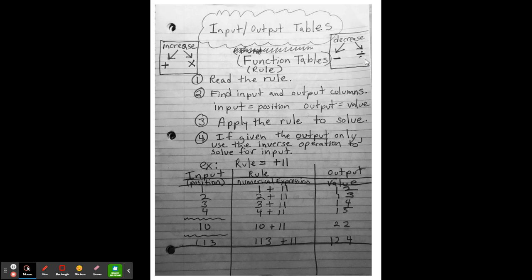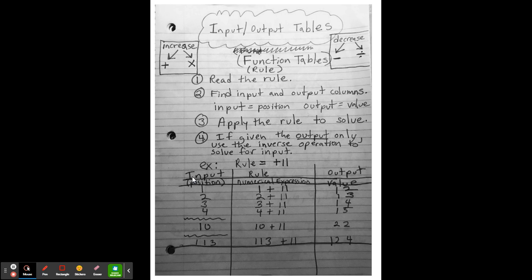So let's get started. If you're making a table, the first thing you need to do is pay attention to the rule. If you look down at the example, the rule is plus 11. Once I put in my input output chart columns, I would put a column in the middle that says rule.